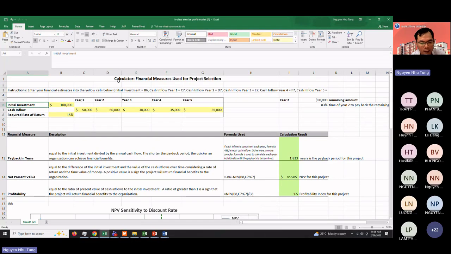Okay, let's look at this project proposal, and you need to calculate the financial measures for project selection. The project has 5 years, and the initial investment is 100,000.